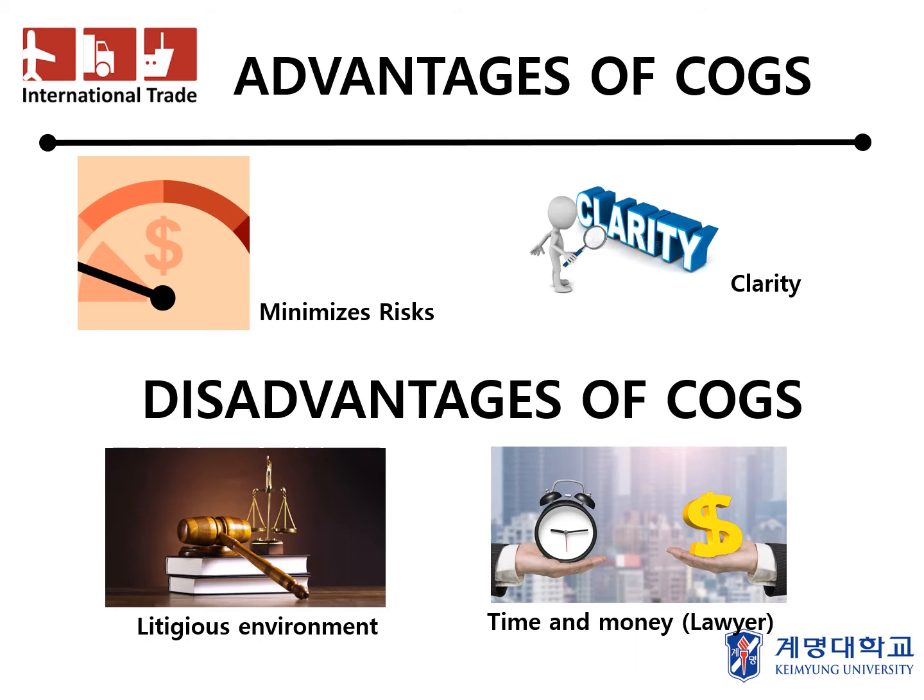When we say minimize risk, the tendency of having a problem, the tendency of some dispute to arise, will become minimized. Why? Because you already discussed and agreed all of the details of the business transaction, and it is written in the contract. If there will be some problem, there will be guidelines that you have to follow and check.